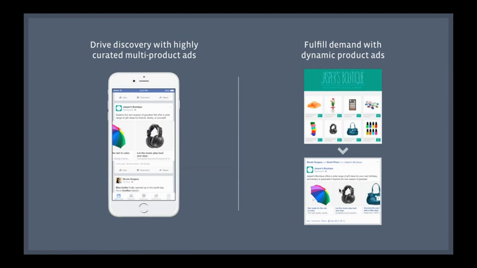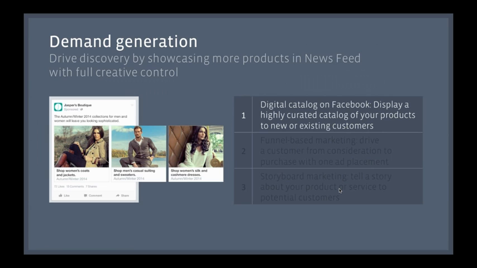And so the two products that we've come up with are our multi-product ads. You can see on the left-hand side here is a carousel of images that users can scroll through, and dynamic product ads on the right-hand side, which is really just a streamlined way of showcasing the most relevant product to a user. So let's start out talking about the multi-product ad.